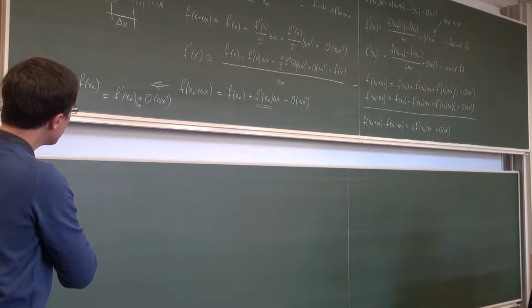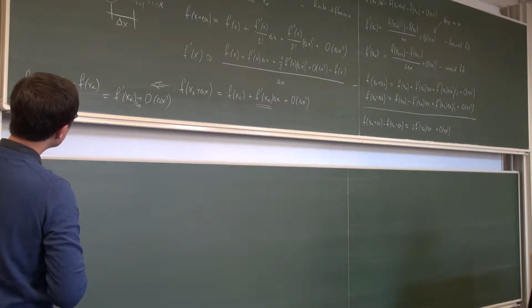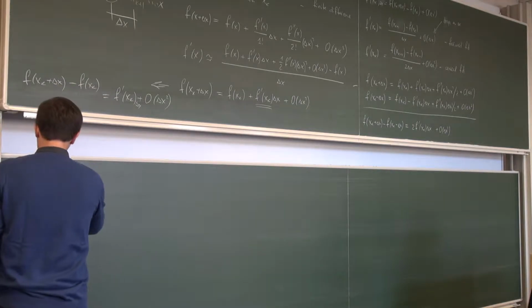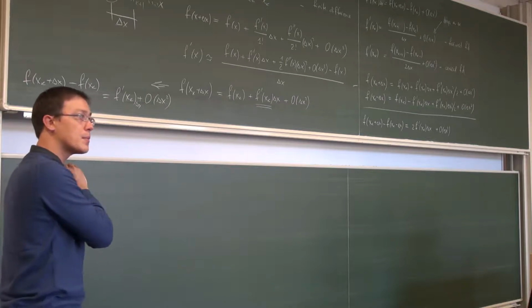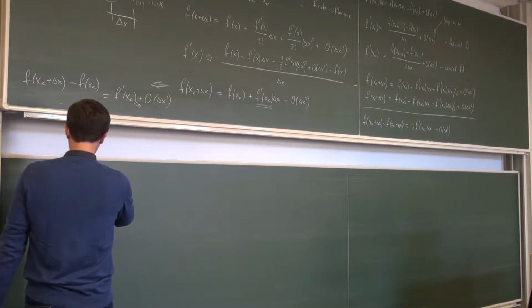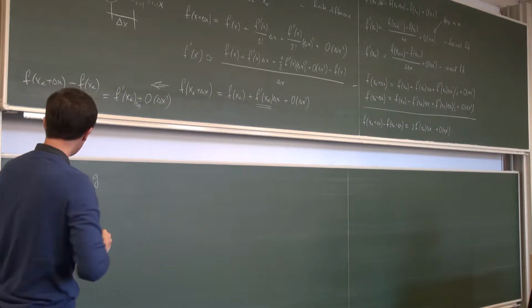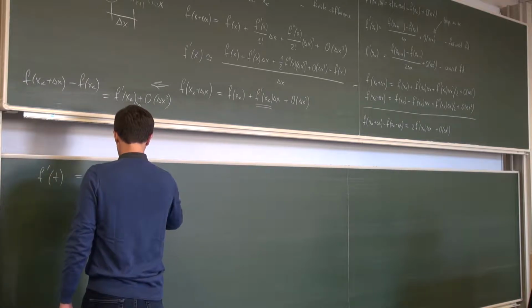Let us now think about the other things that we have to commonly do, and this is to solve ordinary differential equations. And we would have something like this. F prime of t, for some time-dependent process, will be equal some function, we don't know what it is, it's well behaved, of f and of time.